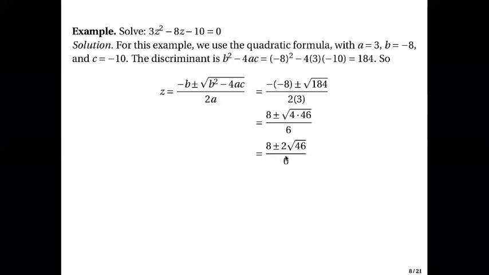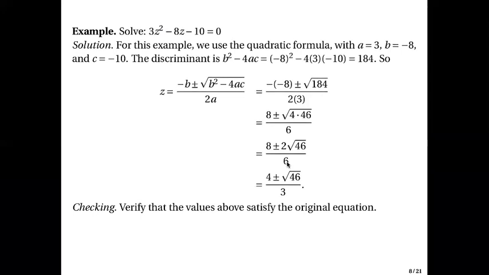And then 8, 2, and 6, they are all divisible by 2. So that we will be able to simplify this as 4 plus or minus square root of 46 all over 3. So the plus part and the minus part represent the two solutions of this equation.